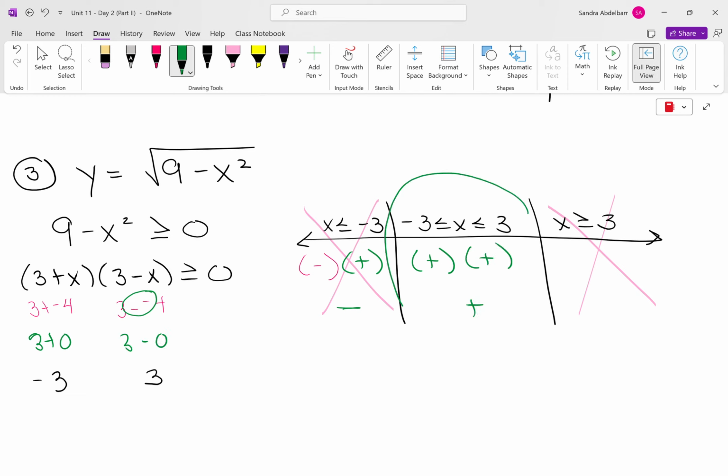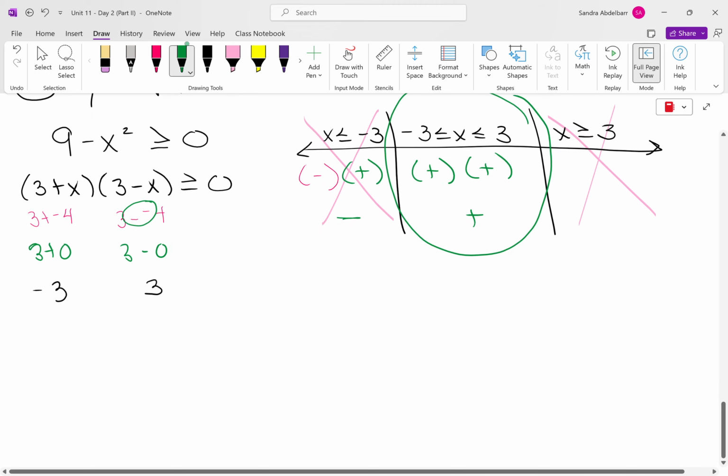3 plus 0 is positive. 3 minus 0 is positive. A positive times a positive is positive. So that is our domain.